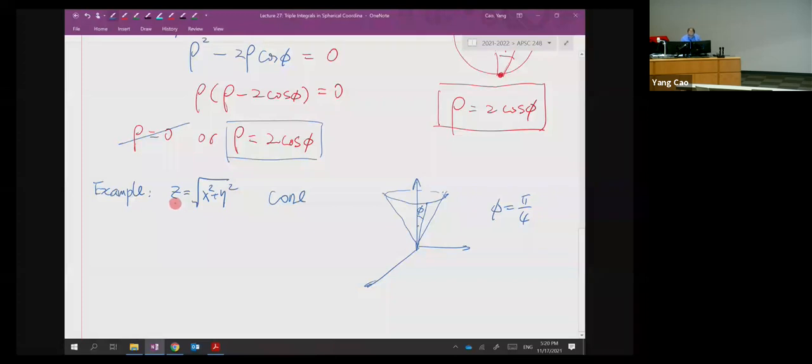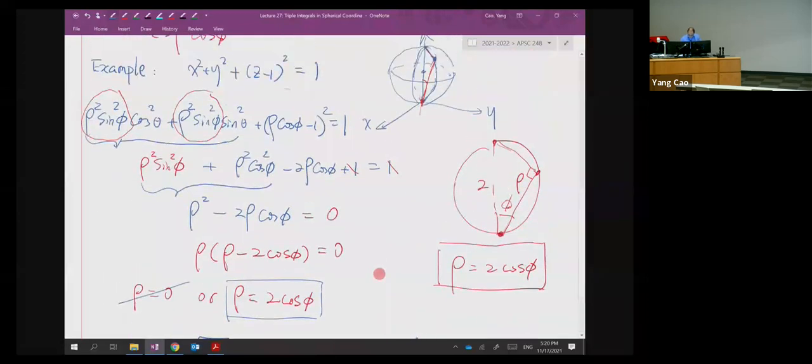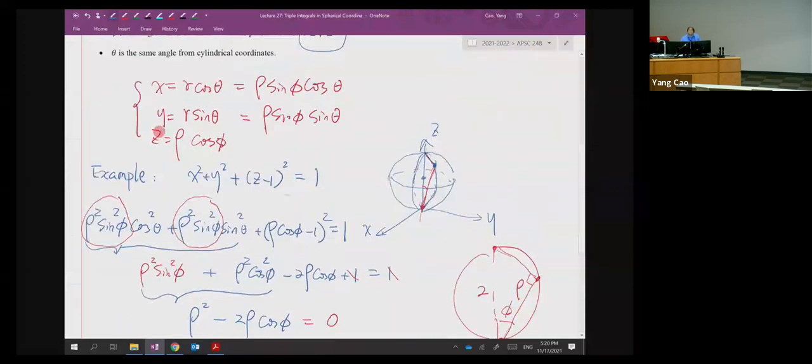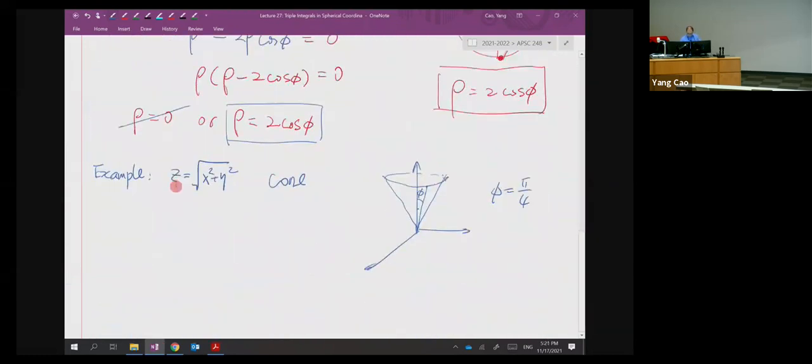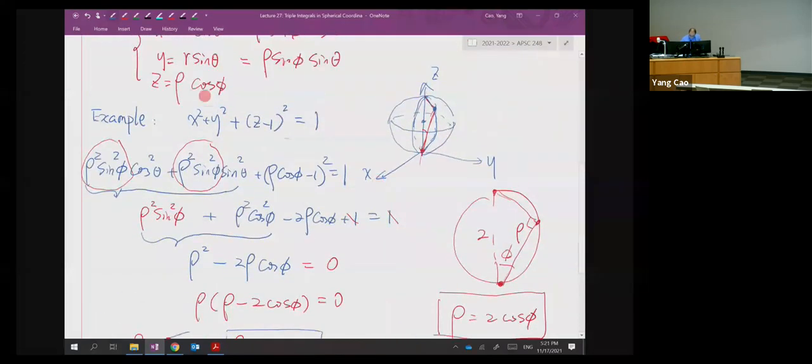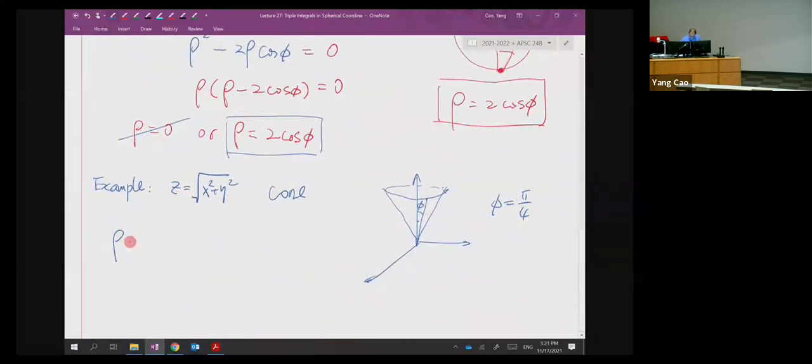So we have the relationship between x, y, z and rho, phi, theta, and I'm going to replace the expressions here. Z is rho cosine phi, so I replace z with rho cosine phi.